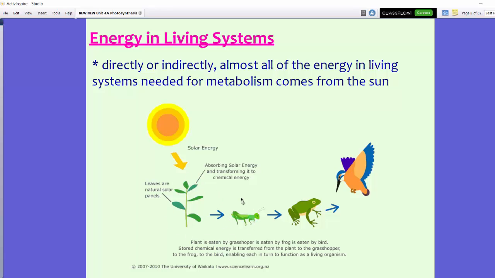Those plants are eaten by other things such as grasshoppers. Those grasshoppers are eaten by frogs, and then the bird will eat the frog. So as you see, tracing back all the way to the sun, that's where we get the original energy from. So directly or indirectly, all organisms get energy from the sun.